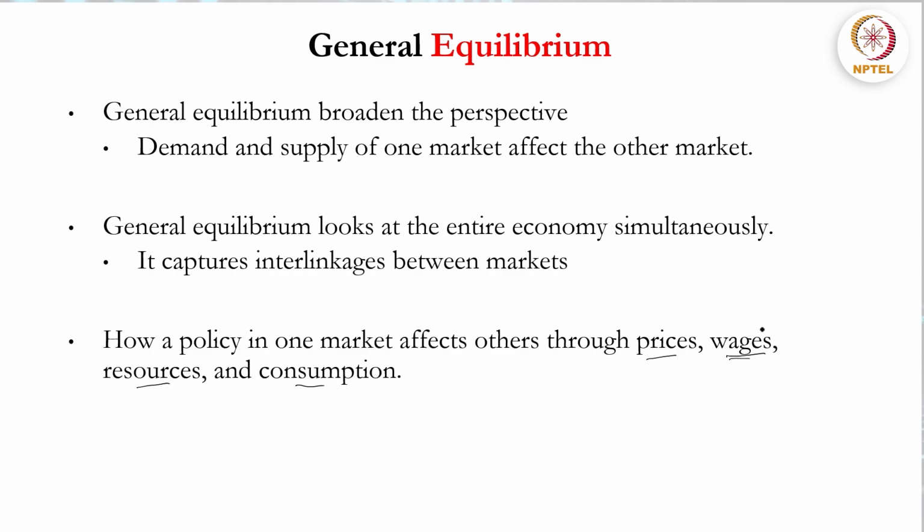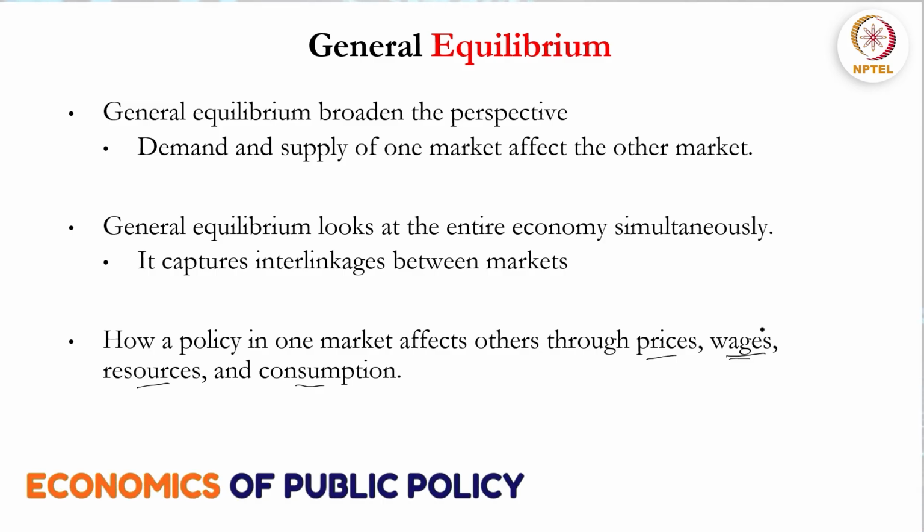So even to increase the price level or the wage level, we have to be very careful from the policy perspective about how it should be controlled, or what kind of policy should be framed. Likewise, even on resources, there are so many acts and policies to control the resources, and also the consumption levels, right?